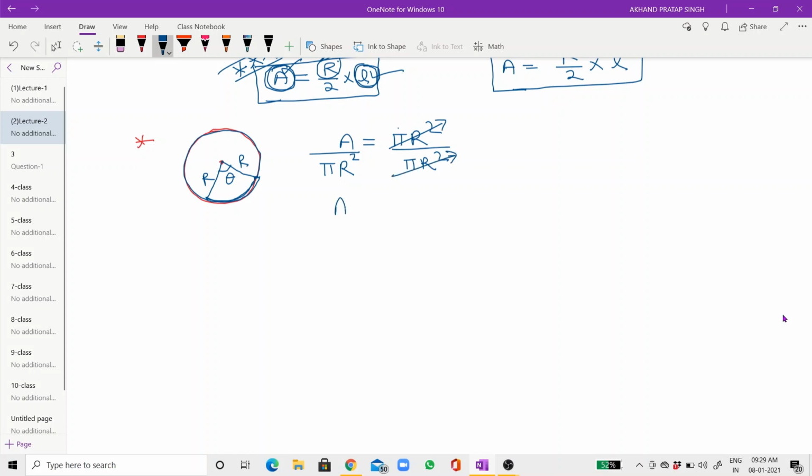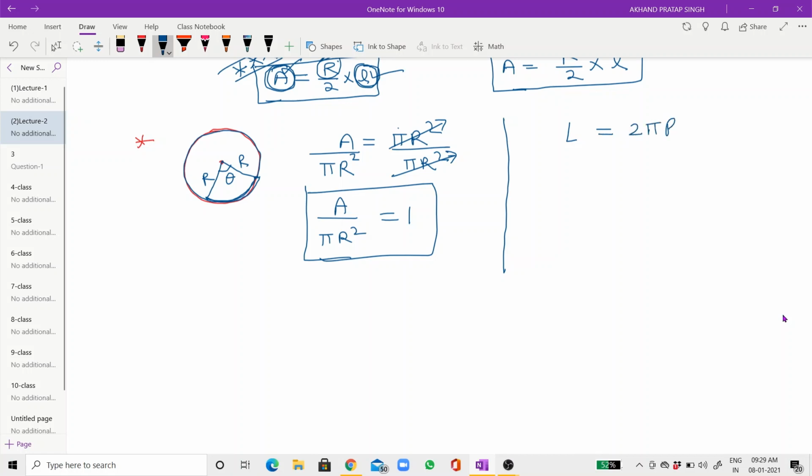So it becomes A upon pi r square is equal to 1. So this is one expression. And the next one is, we know that the length of an arc is equal to 2 pi r. And if we divide on both sides by 2 pi r, then we get L upon 2 pi r is equal to 1.